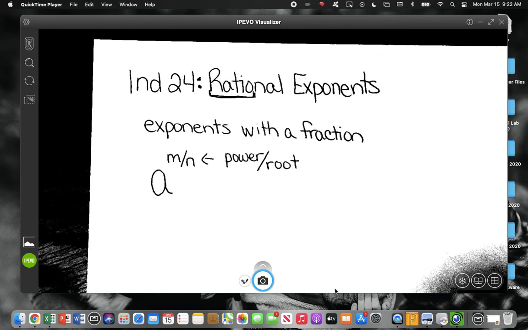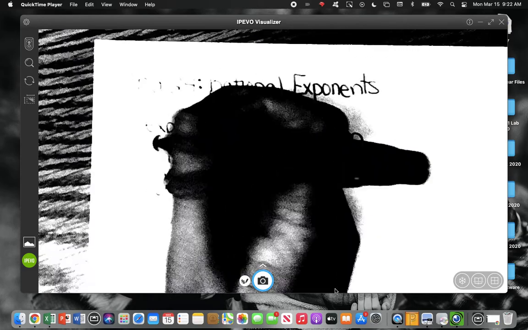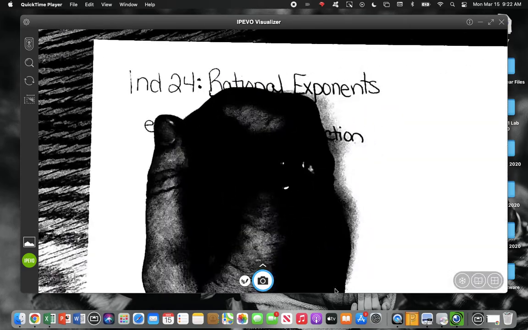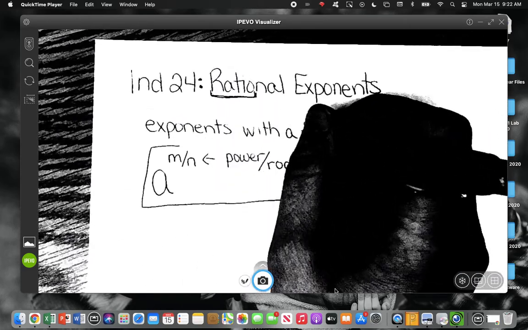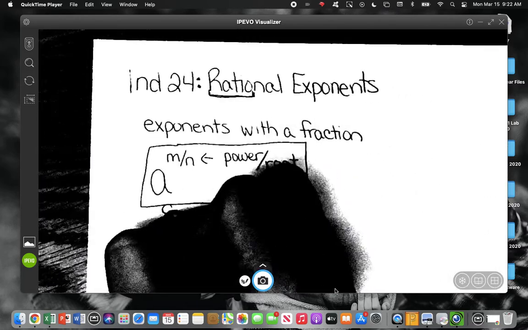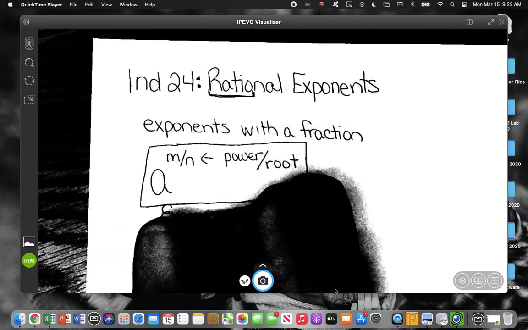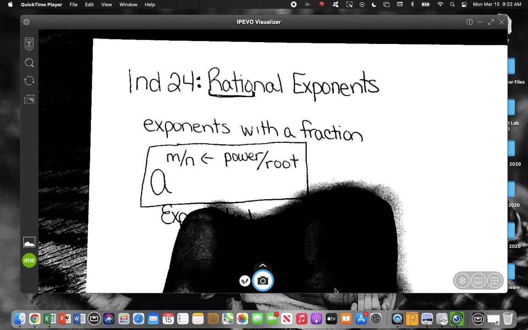All right, and this is what we call exponential form, because it's written with an exponent.